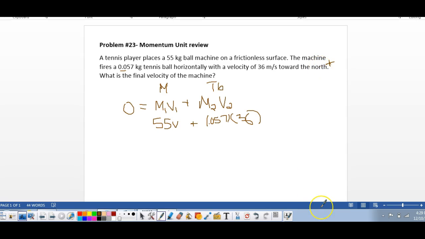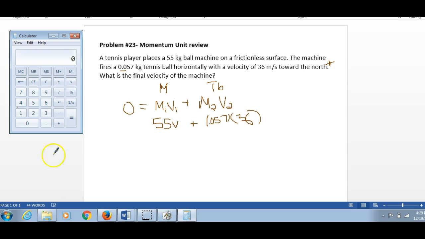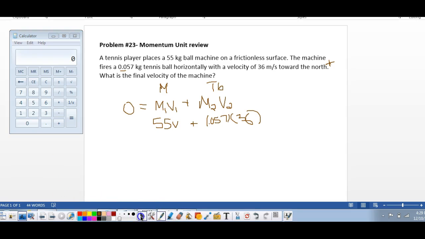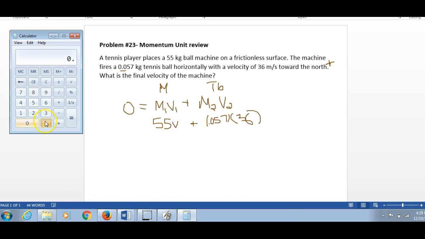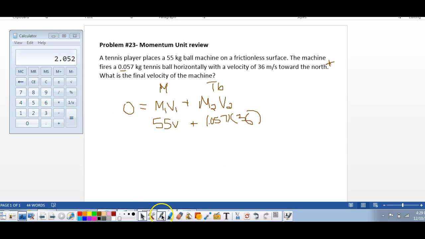So then if we do the math, let's get our calculator up here. We would just go 0.057 times 36 equals that. We'll write that in now.